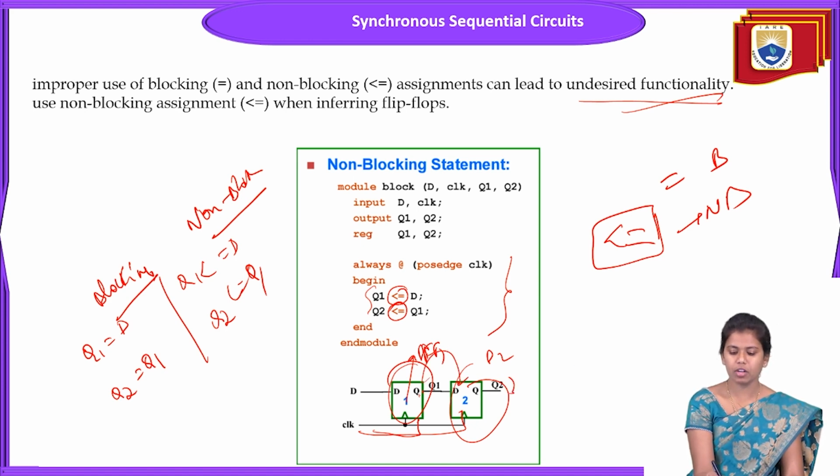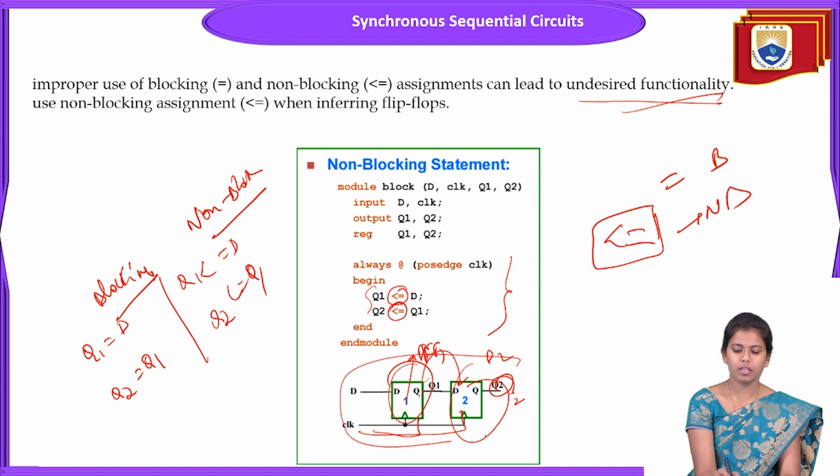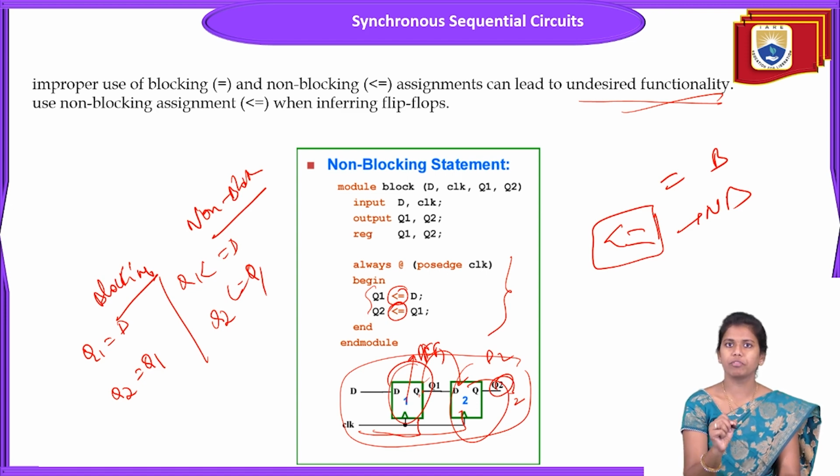And then finally we are obtaining Q2 as the second flip-flop output, Q1 as the first flip-flop output. So when the two flip-flops are connected one after the other, they're connected serially, right? In this fashion we can say flip-flops are connected in a sequential manner, so the output of one flip-flop is given as input to the other flip-flop.